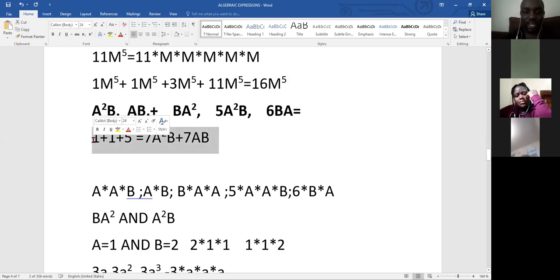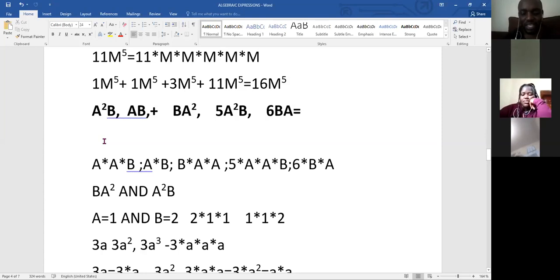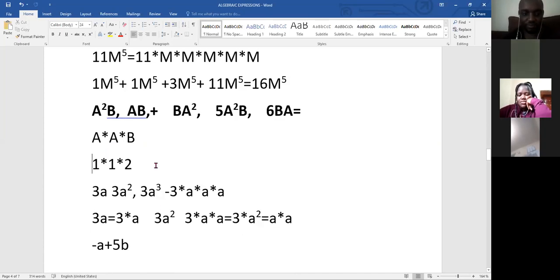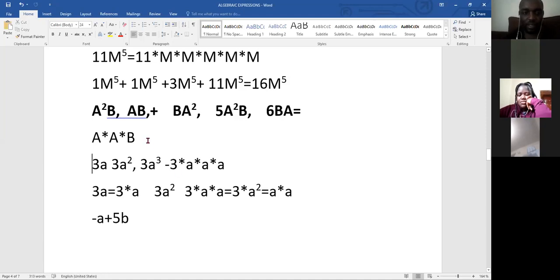What is a squared b? A squared means a multiplied by a, then multiplied by b. That is what a squared b means. A multiplied by a multiplied by b. Okay, this one is a squared b. I come back here.